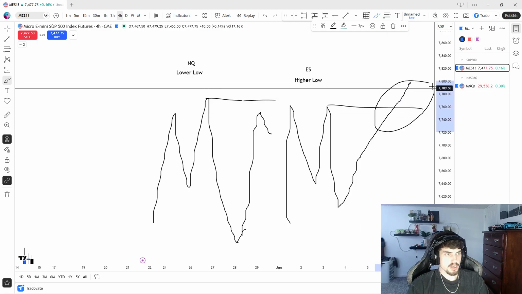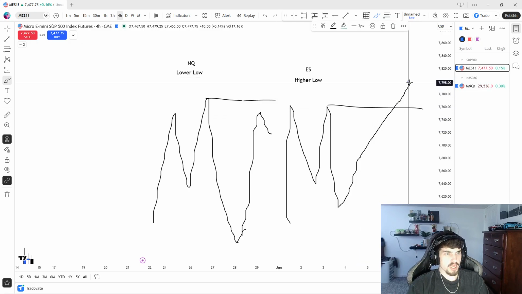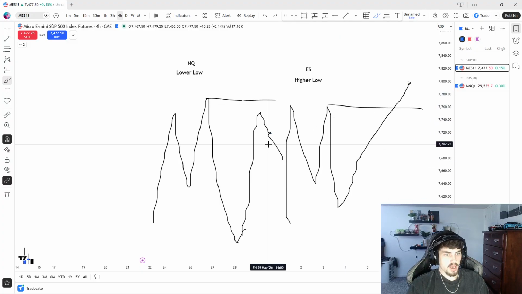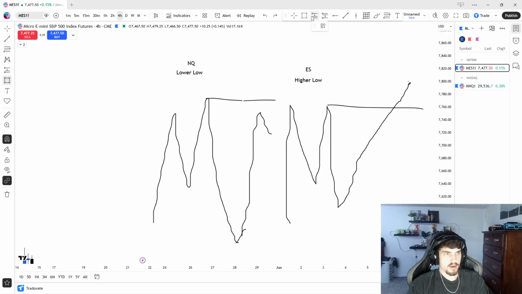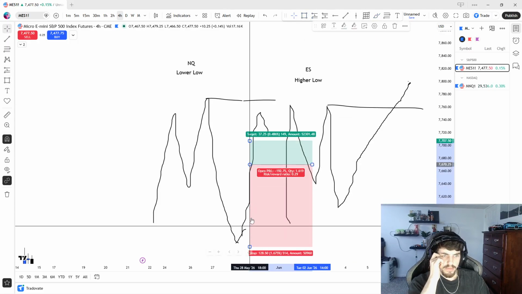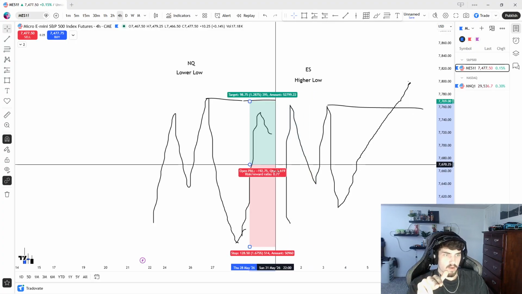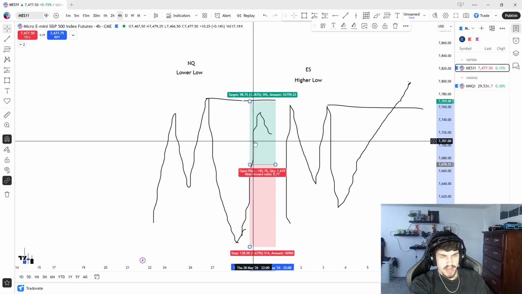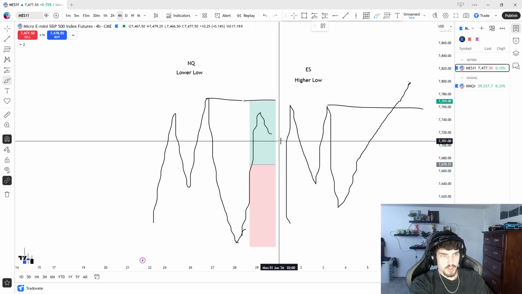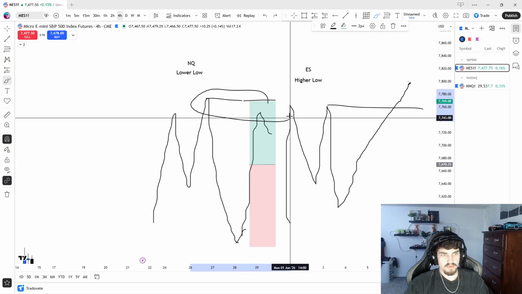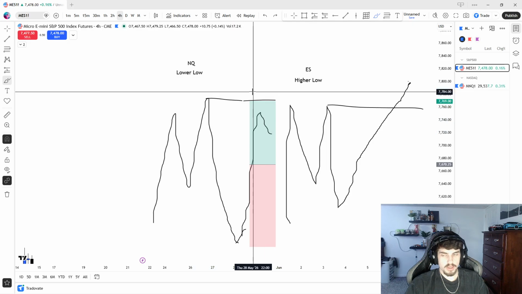We can see this as an imbalance, and ES might start to react off of this high. Maybe I'm in a long right here on NASDAQ, and I'm thinking, ES has already taken out that high. However, I'm still in this trade on NASDAQ, and I'm starting to see these candles go down. Maybe I should think about closing my position, because we could have a potential SMT right here where the market's going to react.